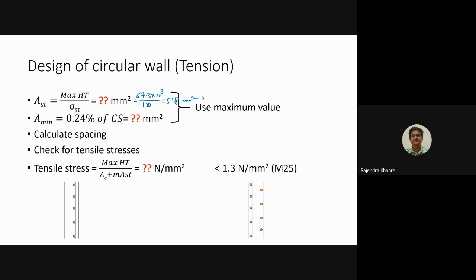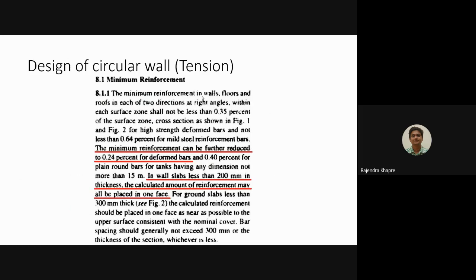Now there is a clause in the IS code about the minimum cross section area. I have already explained this in the previous class.